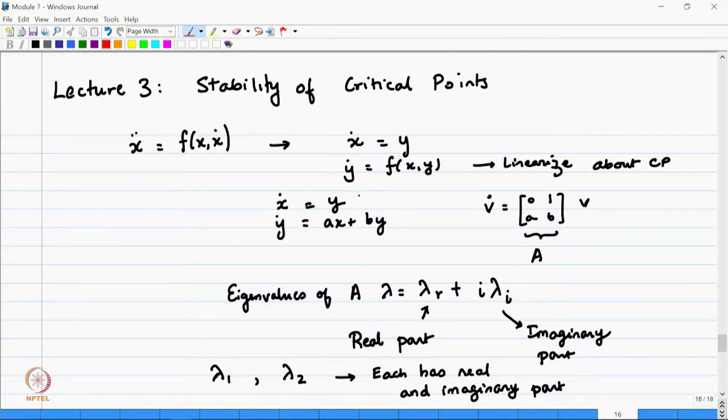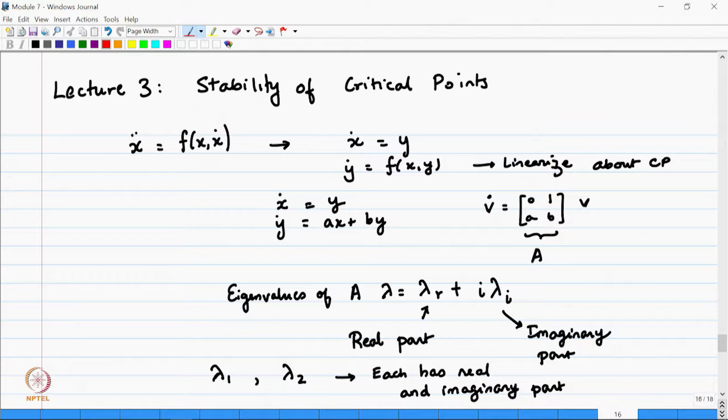So this is a general nonlinear differential equation. What we said is that you linearize this nonlinear function about the critical point. So f of x y is basically nonlinear, and it might contain terms like x square or y square or x into y and so on.